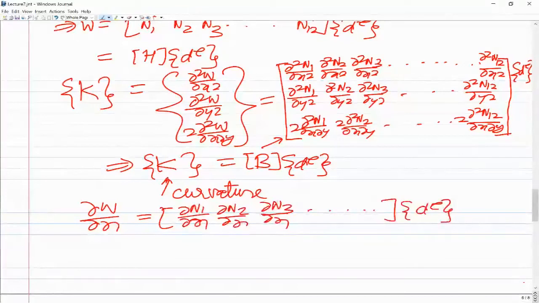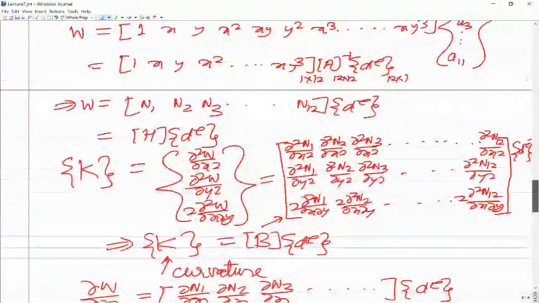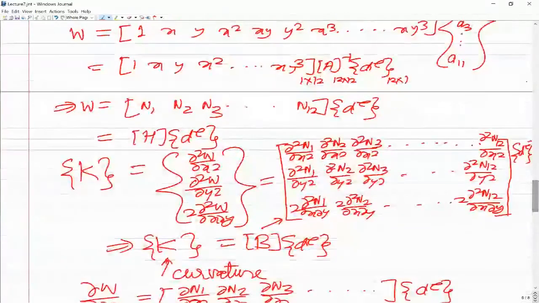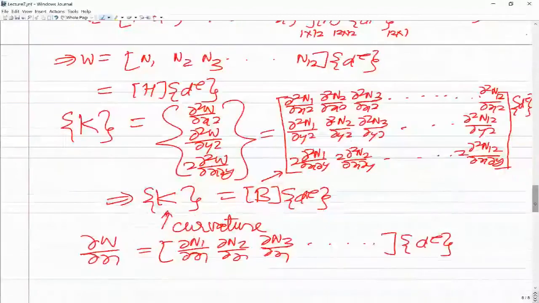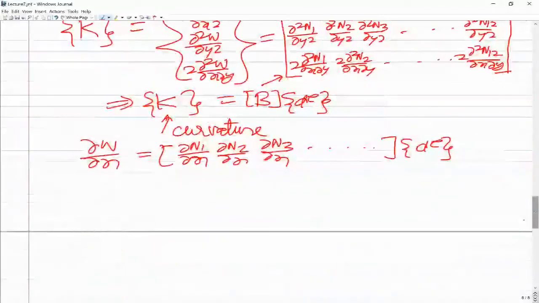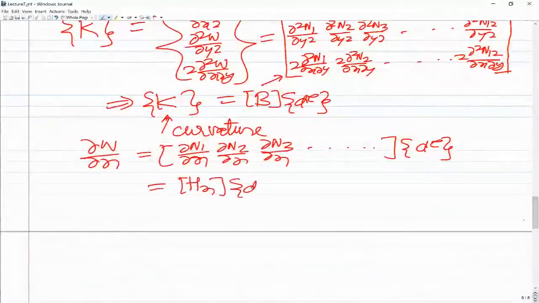You will note here that when we get these shape functions, N1, N2, N3 correspond to node 1, N4, N5, N6 correspond to node 2, N7, N8, and N9 correspond to node 3, and N10, 11, and 12 correspond to node 4. So that you should know. Let us say this we call as Hn, the derivative with respect to n as Hn into de. So this is your Hn.